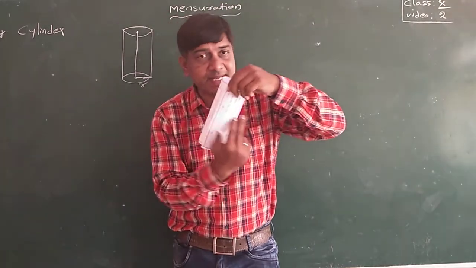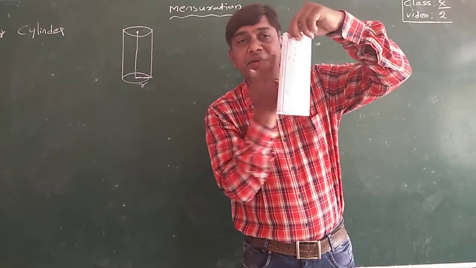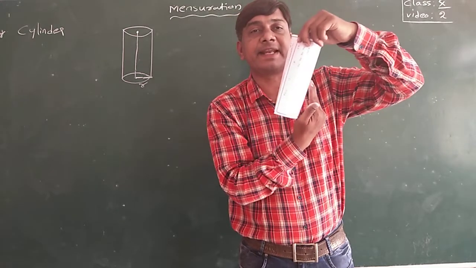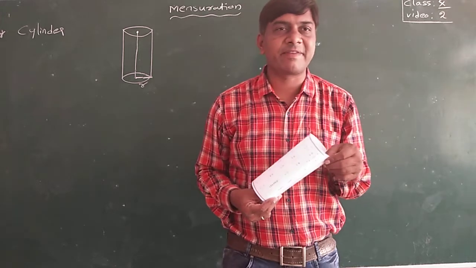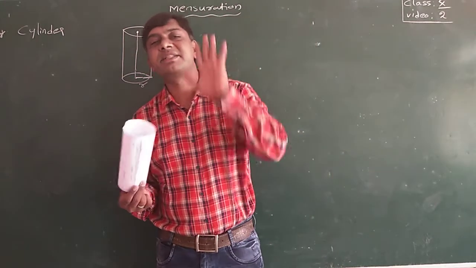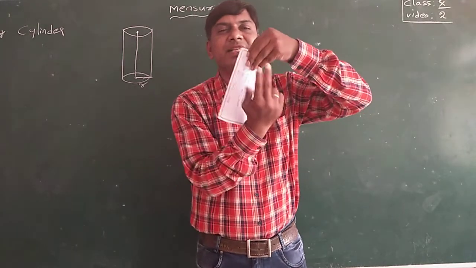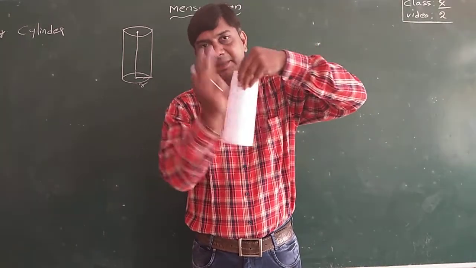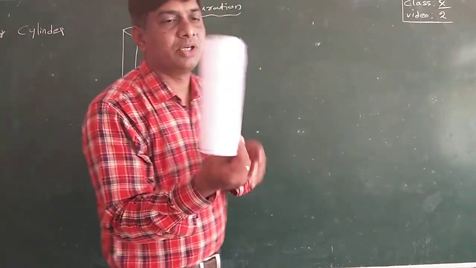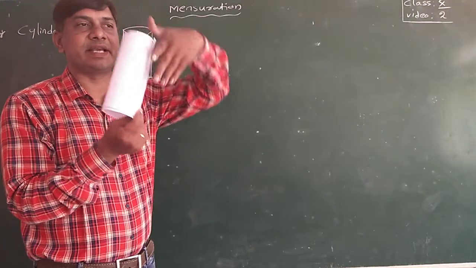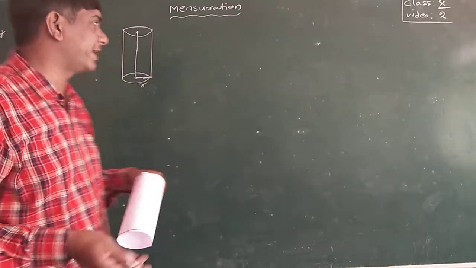Lateral surface area and curved surface area mean the same thing in mensuration, but generally we use curved surface area when the path is made with curved lines. It is a curved surface, and the area is what you are going to find out.